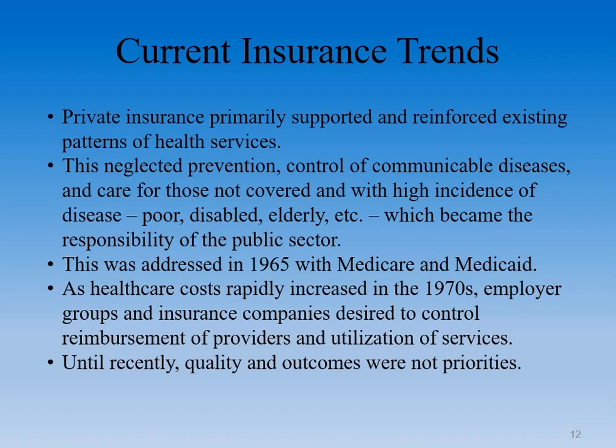This was addressed in 1965 with Medicare and Medicaid. As healthcare costs rapidly increased in the 1970s, employer groups and insurance companies desired to control reimbursement of providers and utilization of services. Until recently, quality and outcomes were not priorities.